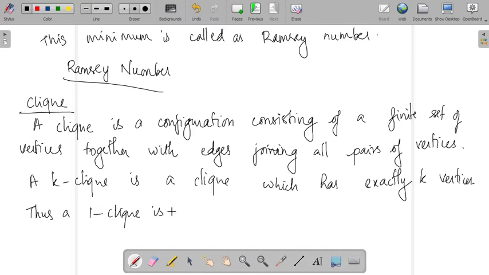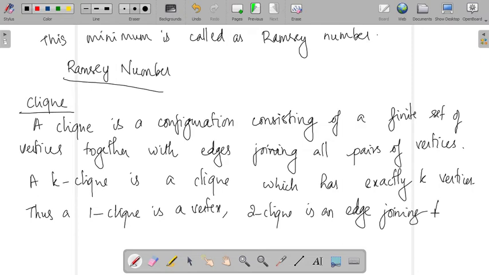A two-clique will be a line, an edge joining two vertices. And a three-clique will be a triangle. So a three-clique looks like a triangle.